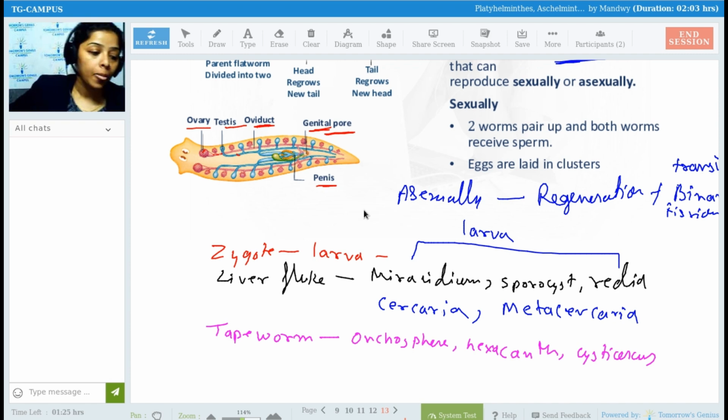So these are the larvae in the tapeworm and in the liver fluke. Clear? Now these larvae will complete their whole life cycle and turn into the adult one.